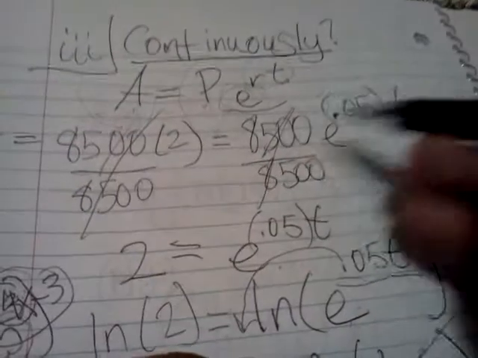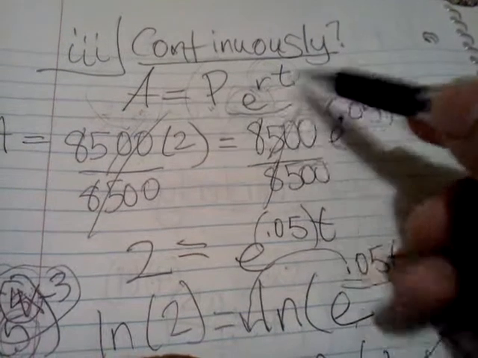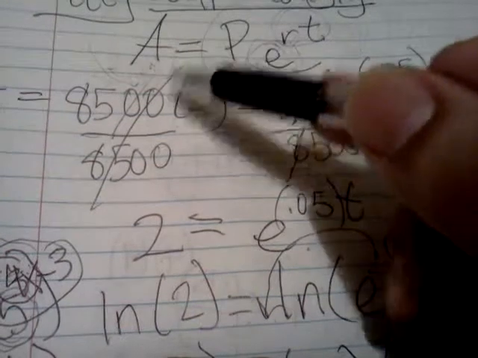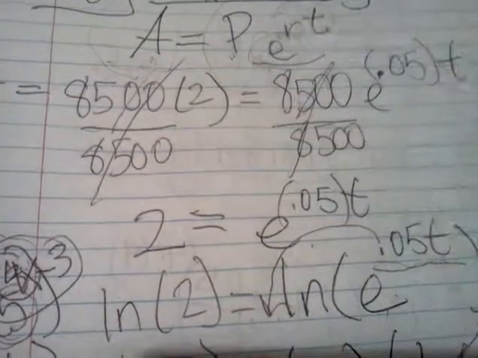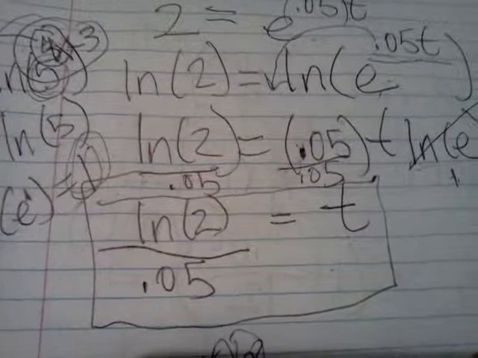So this is the time for when you have a continuous compounding of your initial number. So you see here we doubled it, and then we just use the natural log to get the t all by itself. And that's it.